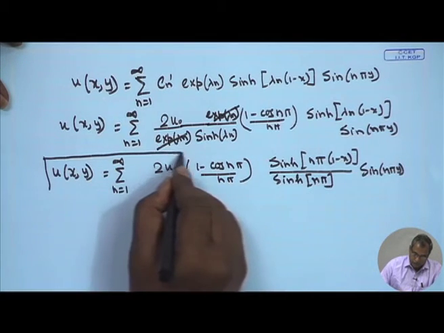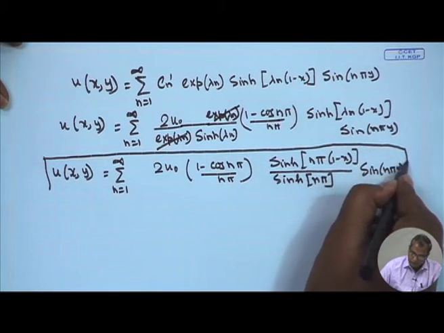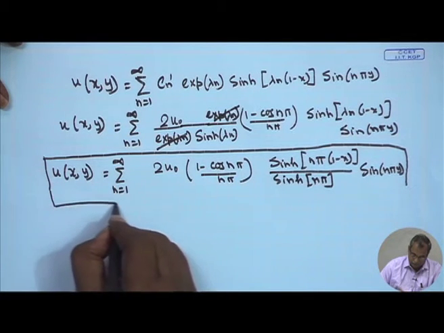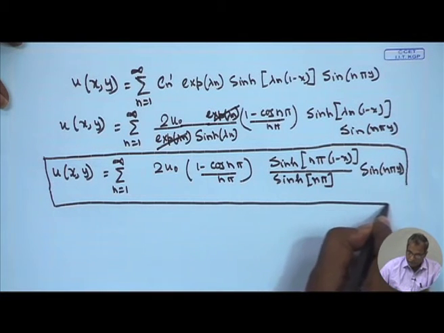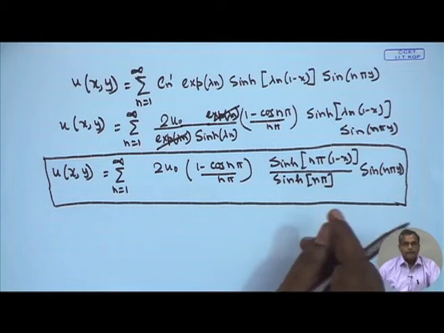So, that gives the complete solution of an elliptical partial differential equation in 2 dimensions, where the boundary condition at x is equal to 0 is u naught, and all the 3 other boundary conditions are homogeneous and Dirichlet. So, you will be getting the complete solution like this.